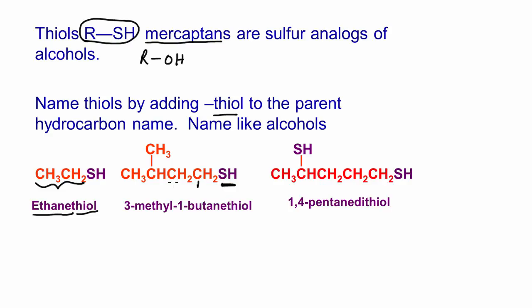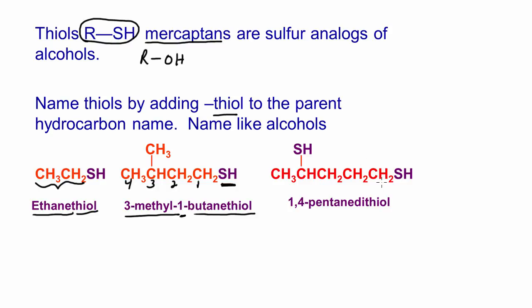So we would number this way: 1, 2, 3, 4. So we have a butanethiol, and the thiol group is on carbon 1, so 1-butanethiol. And on carbon number 3, we have a methyl group, 3-methyl-1-butanethiol.